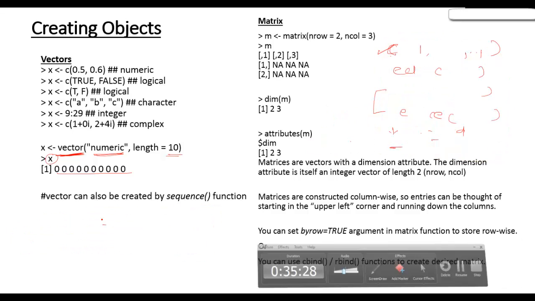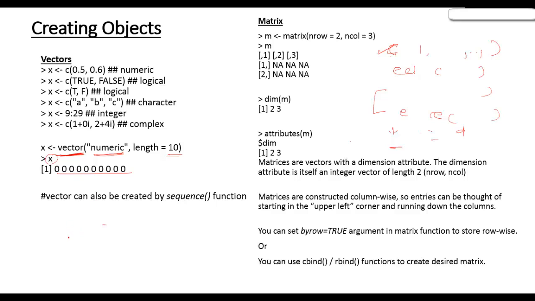Now, the interesting thing about vectors is that they are a collection of similar data types. So if you want to create a vector where one element is of integer data type and another is a boolean or logical data type, then it's not possible.